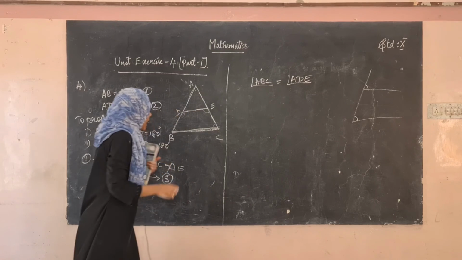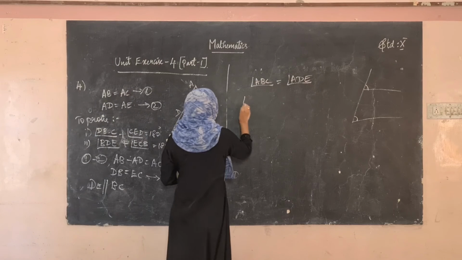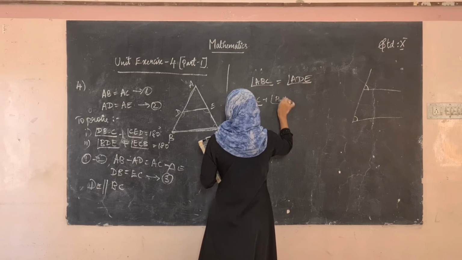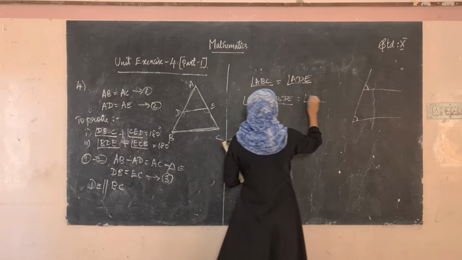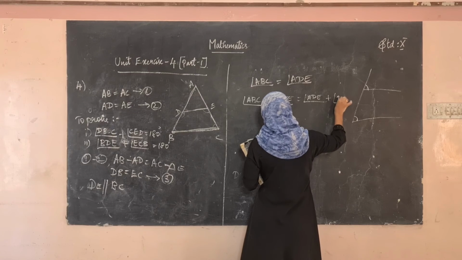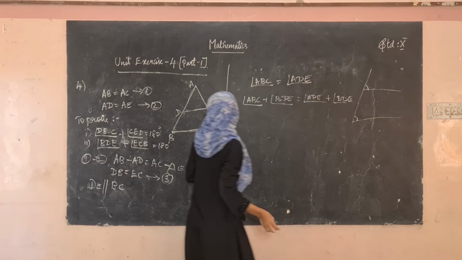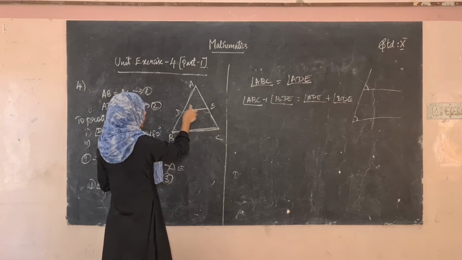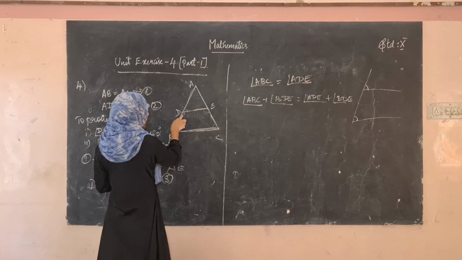Now add BDE on both sides. Angle ABC plus angle BDE is equal to angle ADE plus angle BDE.